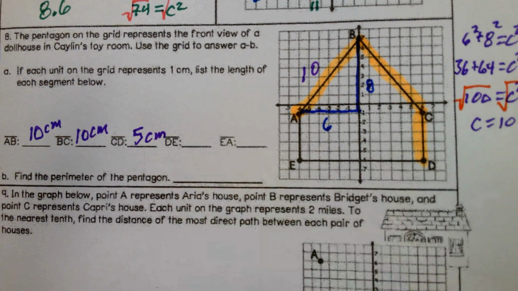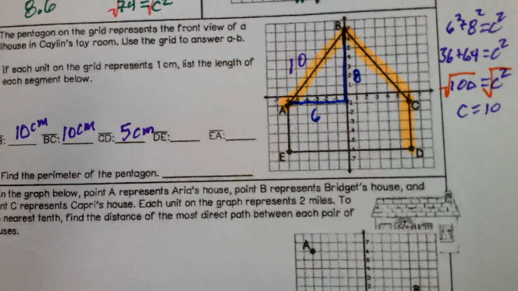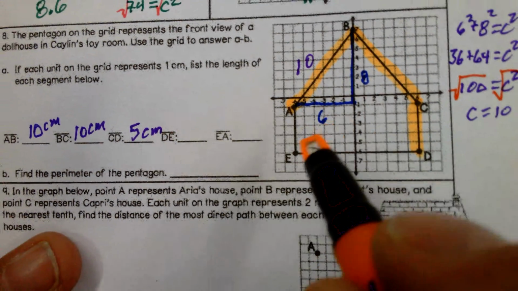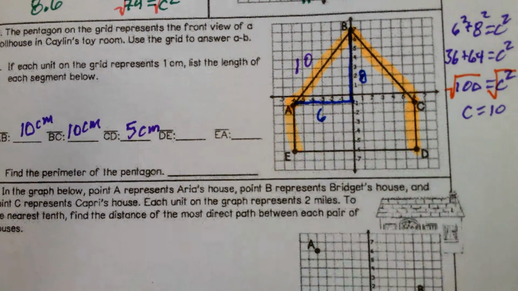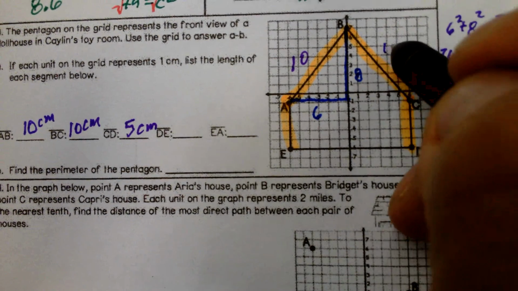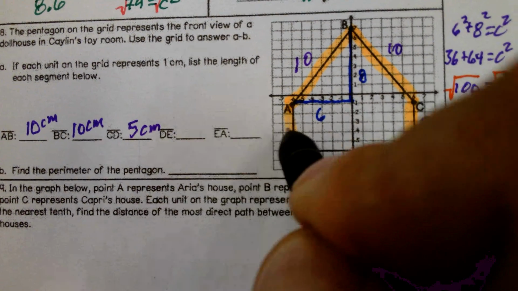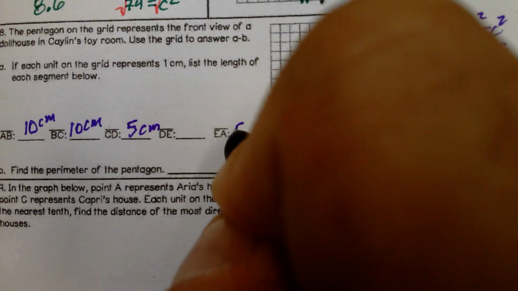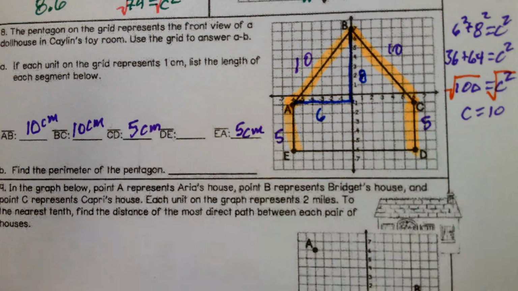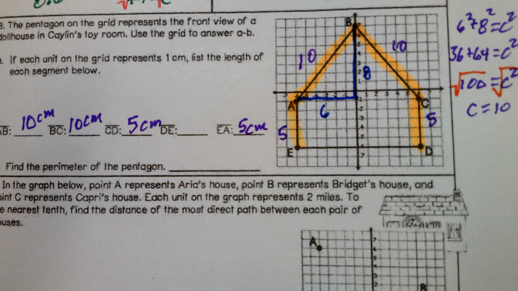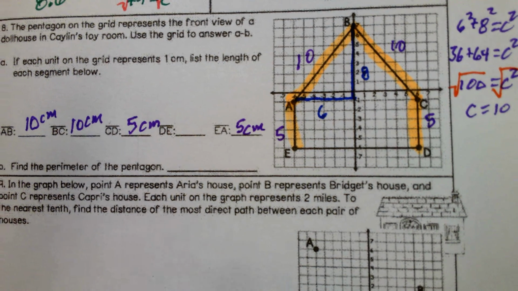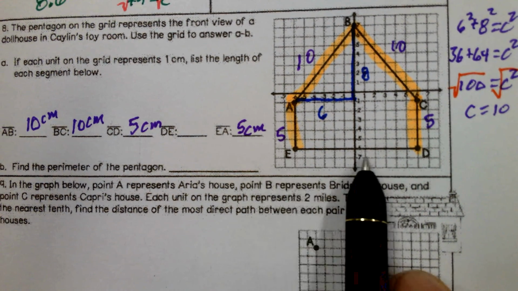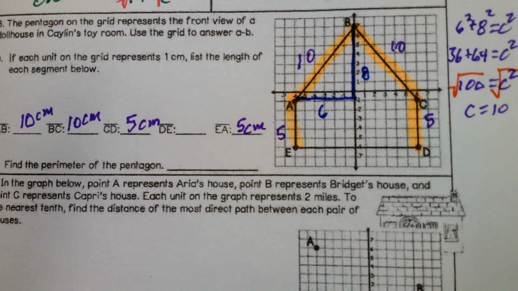AE, or they're calling it EA, same segment. Let's just get that out of the way. I should be labeling these as I go along, actually. I believe so. It is 6 and 6. 12.